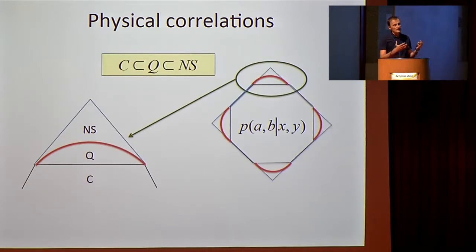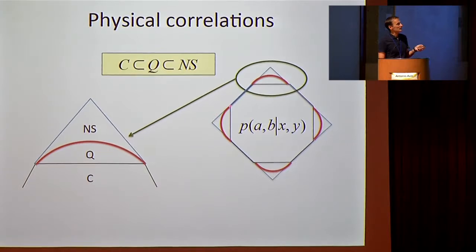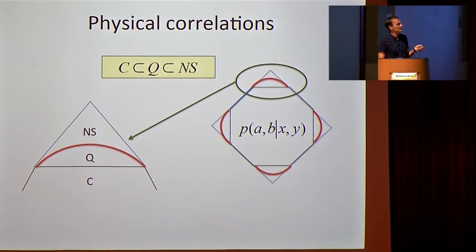I can represent this pictorially in this way. This is the set of classical correlations, those that we see in our macroscopic world. This is the set of quantum correlations, the red one. And there is the set of no signaling correlations, those that are compatible with Einstein causality.